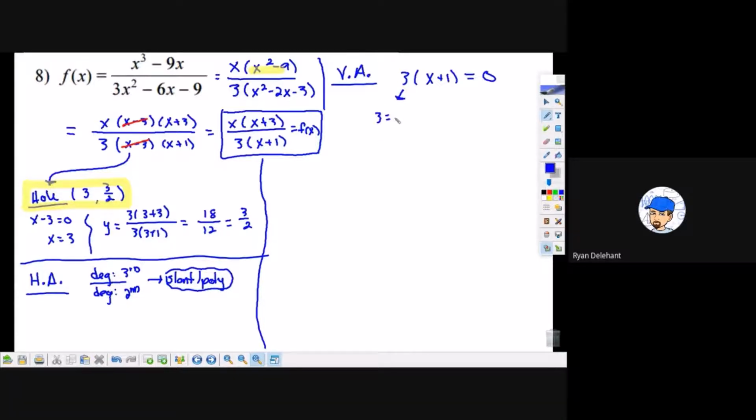Is there any way to make 3 turn into 0? So that means that doesn't work. We don't have to worry about that number. But this one, there is a way to make that equal to 0. That's the x minus 1. That is an equation of a line, and that one is our singular vertical asymptote. Because remember, vertical asymptotes, you can have more than one. There's many of those factors on the bottom that work.